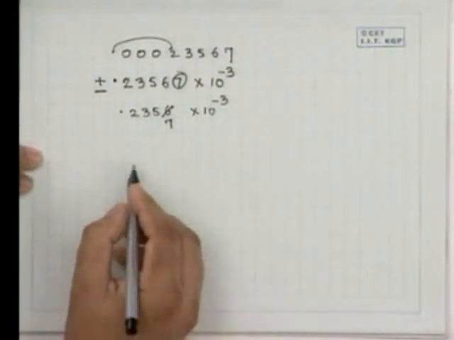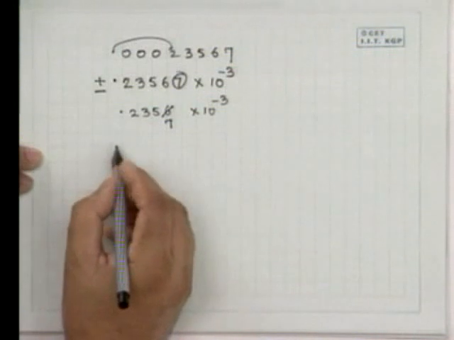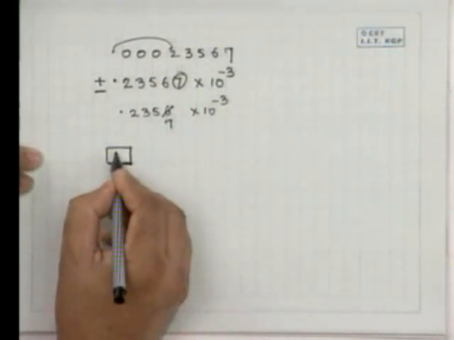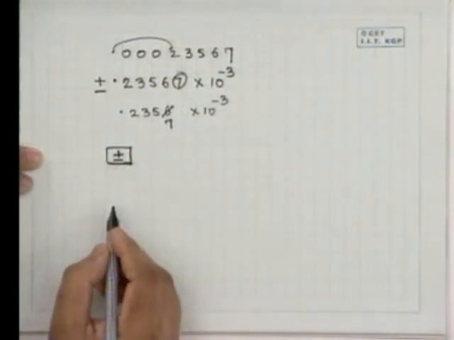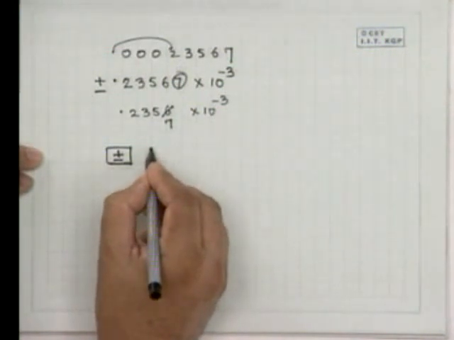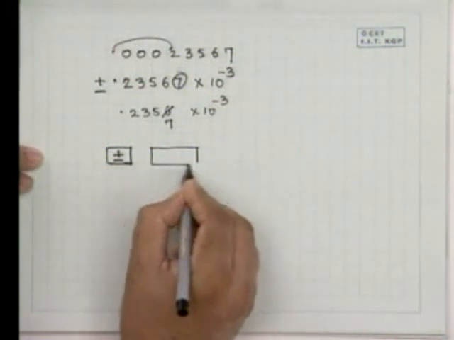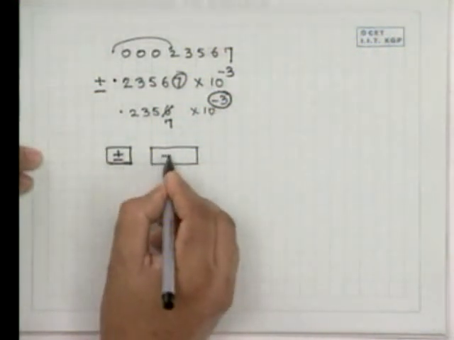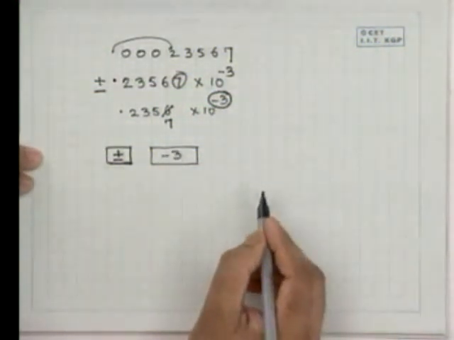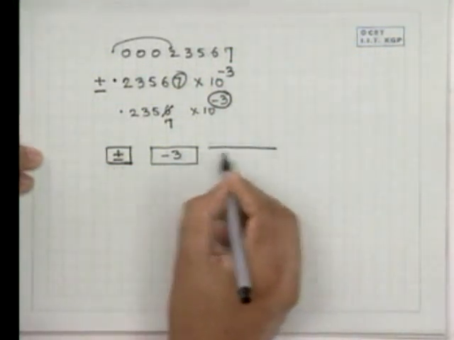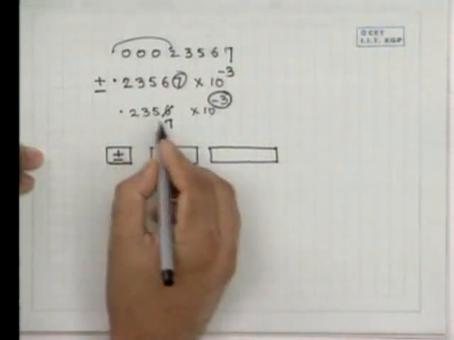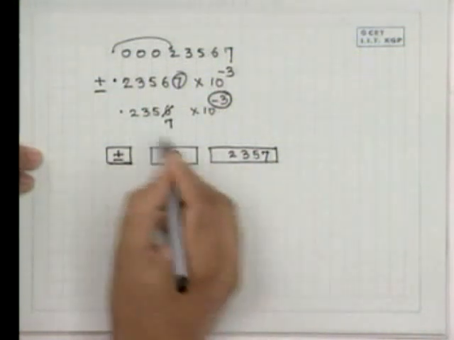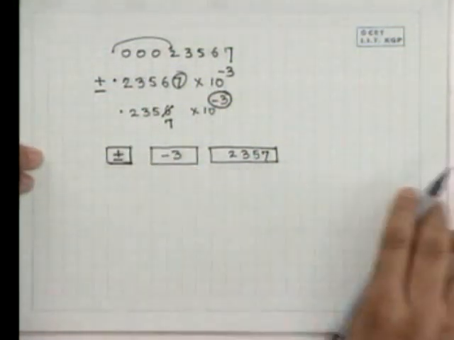Therefore, in the case of normalized representation, we can think of it as if there is one position for the sign, which is either plus or minus, then a few positions for what we call the exponent, say minus 3 is the exponent here, and then a few positions, say 2, 3, 5, 7, to keep what we call the mantissa.